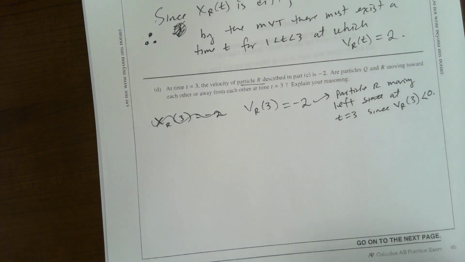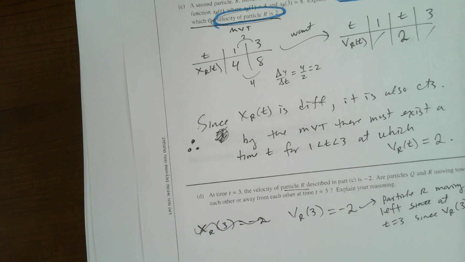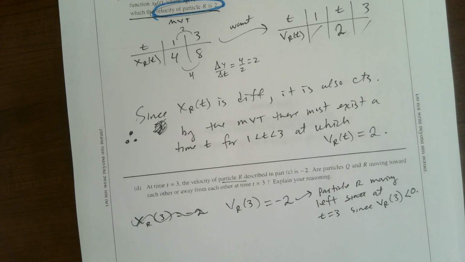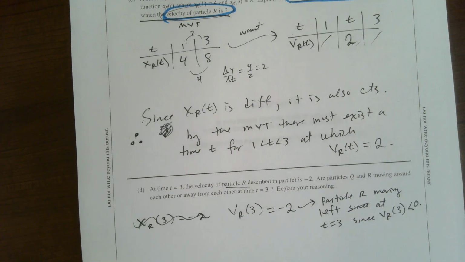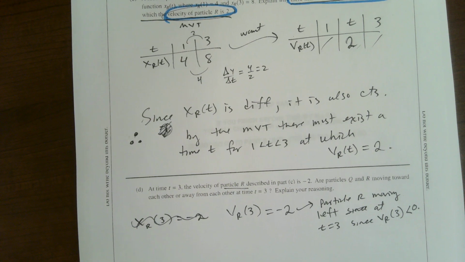Alrighty. Now, maybe now's a good time to get v sub q of 3. So v sub q of 3. Do I have it? Okay, well, I could find it.